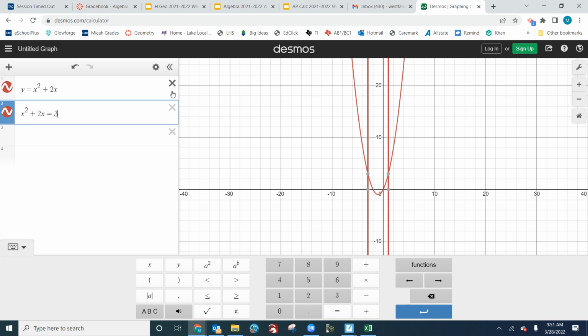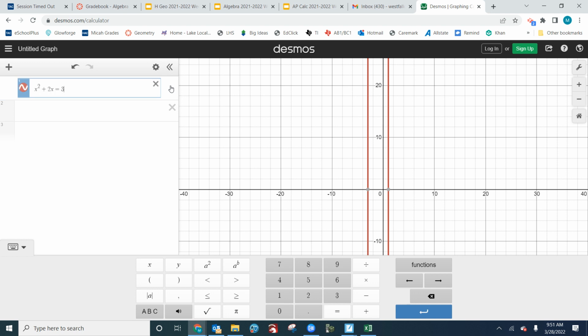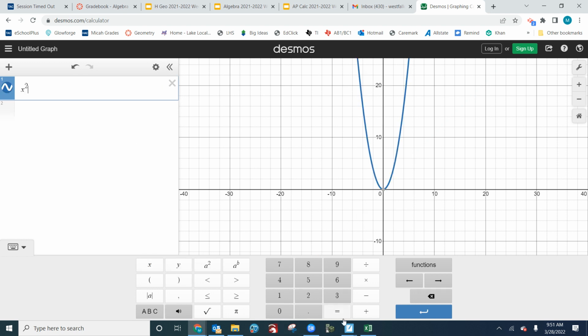Let me get rid of these for a second. Now, the other cool thing you can do with Desmos, if I typed in the original, x squared plus 2x equals 3.